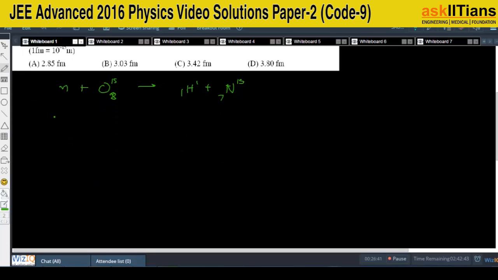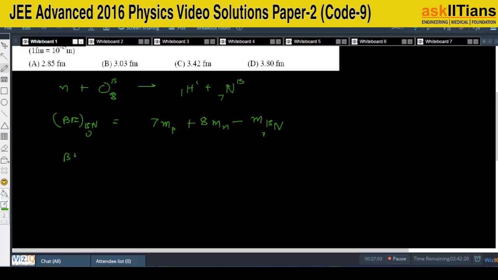So the binding energy of nitrogen can be calculated as 7 times the mass of proton, because there are 7 protons and 8 neutrons, plus 8 times Mn, minus the mass of nitrogen-15.